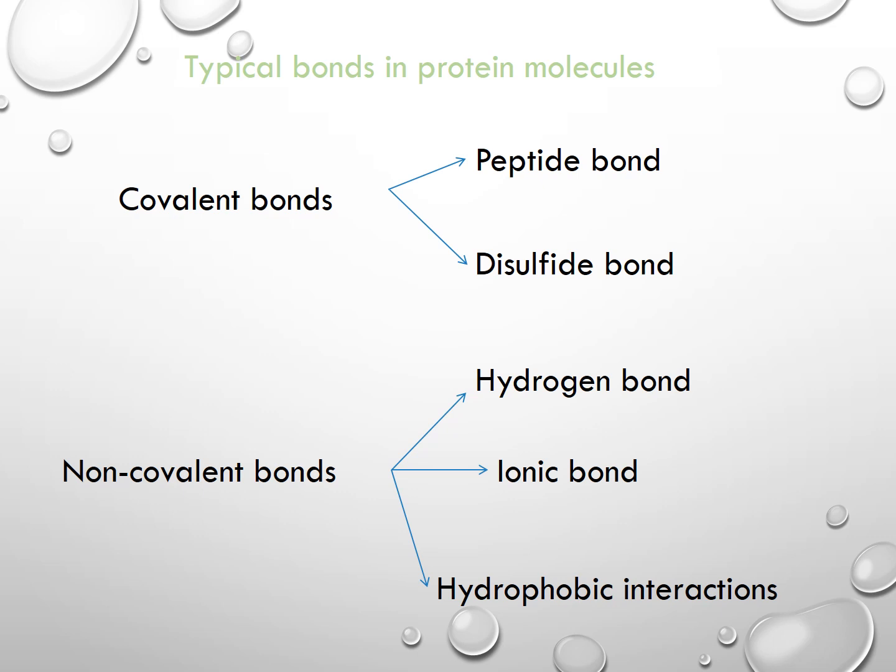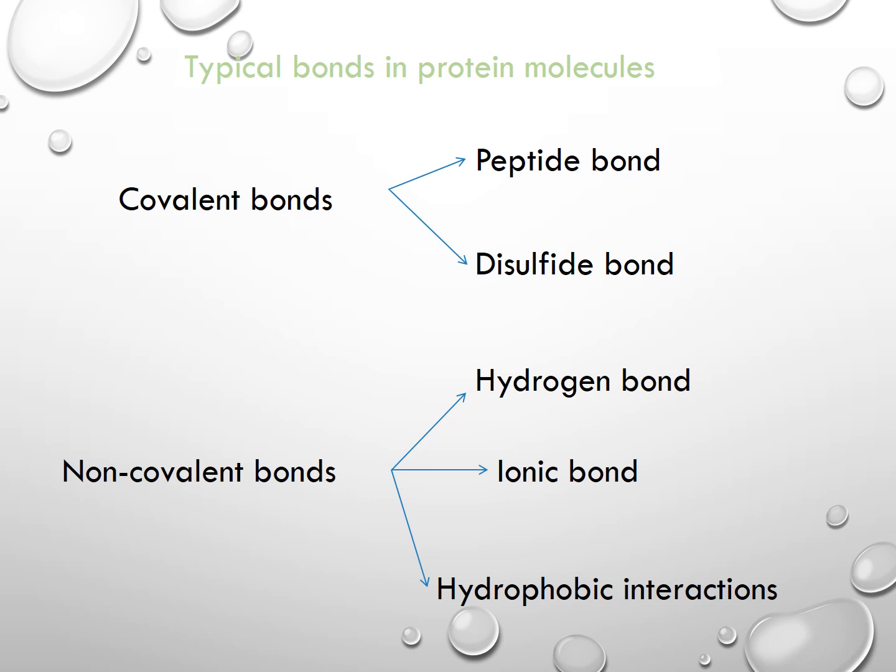Typical bonds that are present inside the protein molecule are the covalent bonds and the non-covalent bonds. Covalent bonds include the peptide bond and disulfide bonds, while the non-covalent bonds include the hydrogen bond, ionic bond and hydrophobic interaction. The process of denaturation occurs through certain agents.